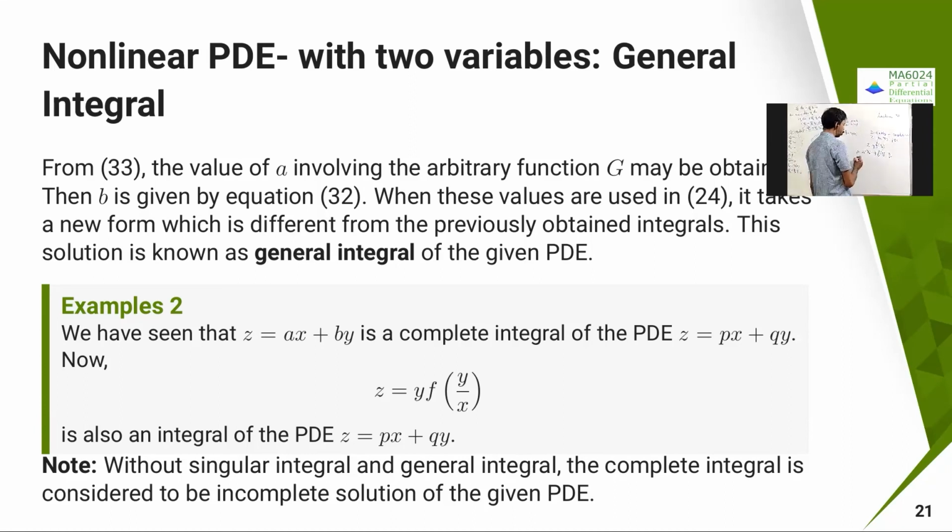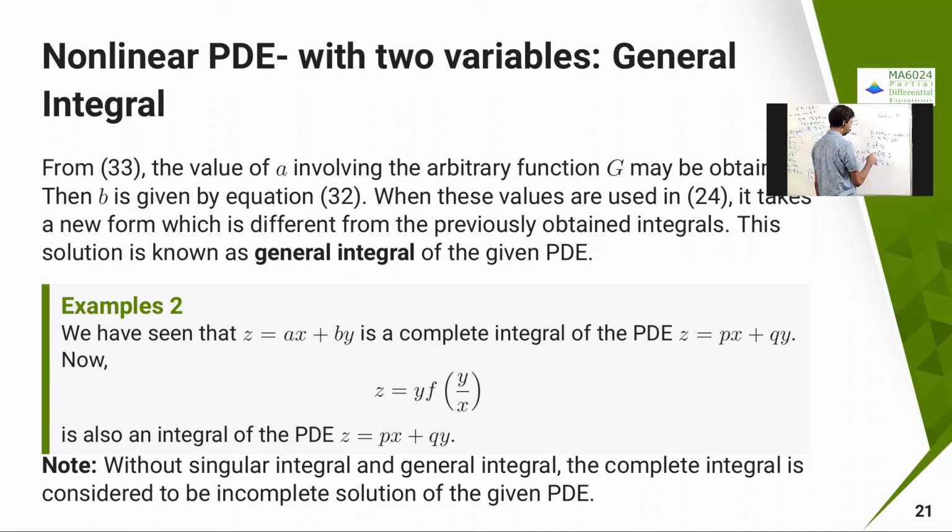Similarly, q is going to be, with respect to y, f of y by x into 1, plus y into f dash of y by x into 1 by x. So if I multiply that, you are going to get this one.